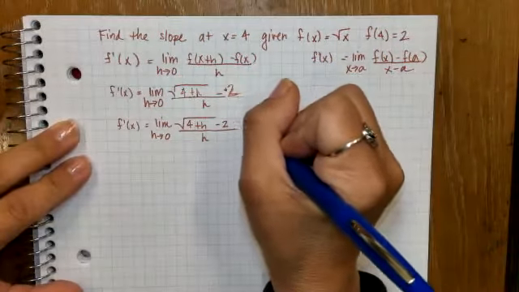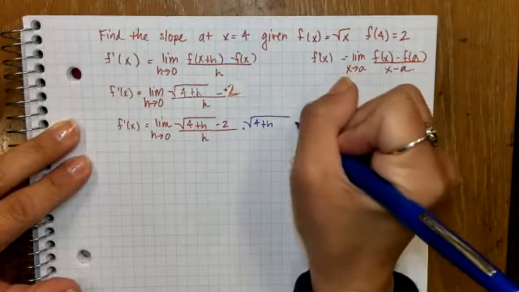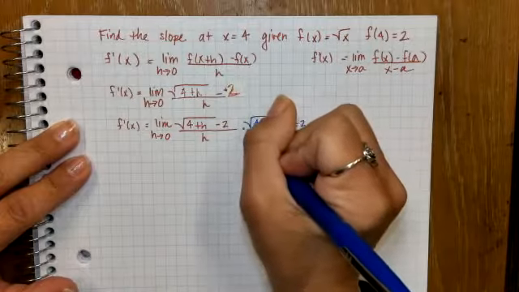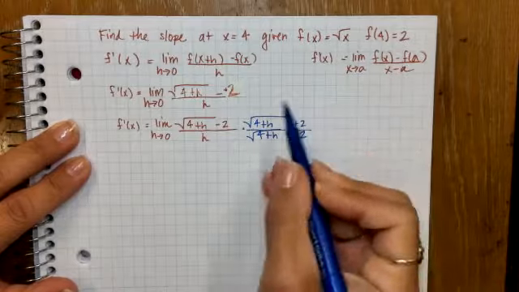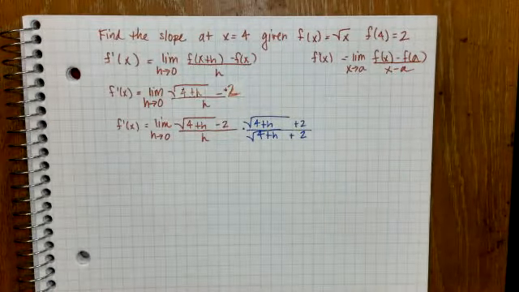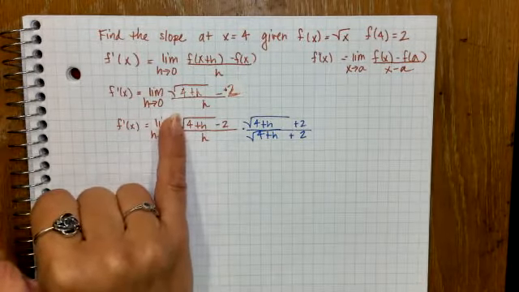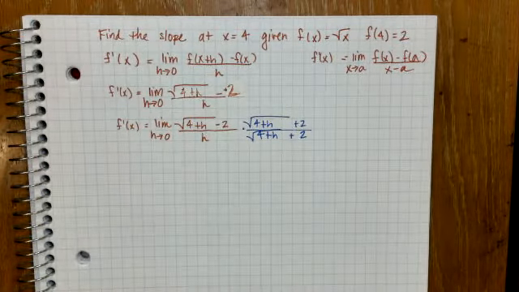So I'm going to multiply numerator and denominator by root 4 plus h plus 2 over root 4 plus h plus 2. This is 1. So it's like we're kind of rationalizing the numerator, but what I need is an h in the numerator to reduce out with the h in the denominator. Finish it off.